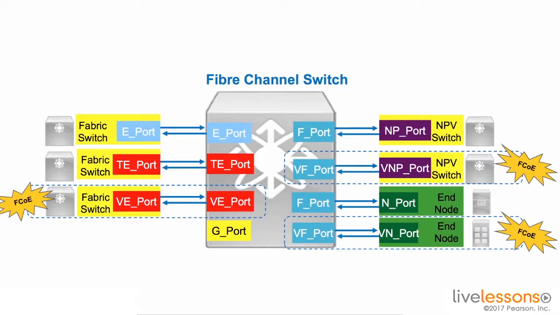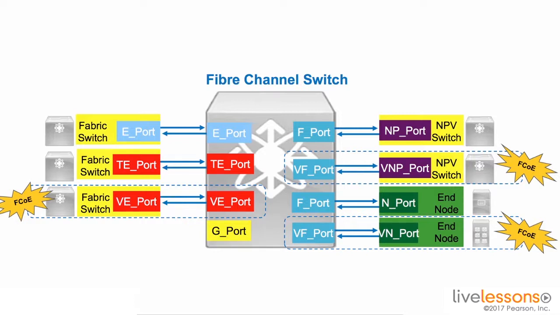This slide is a more in-depth explanation of the different types of port types that you'll see on switches and hosts and storage devices that connect to the network. For instance, down in the lower right-hand corner, an end host or an end node that tries to connect to the fiber channel switch is going to present itself as an N port.